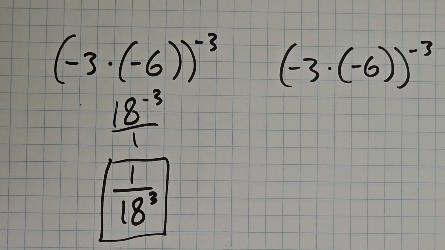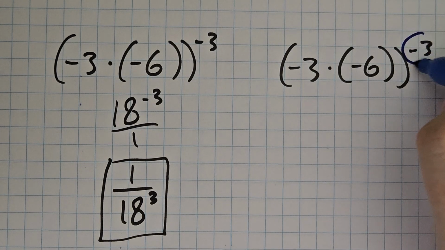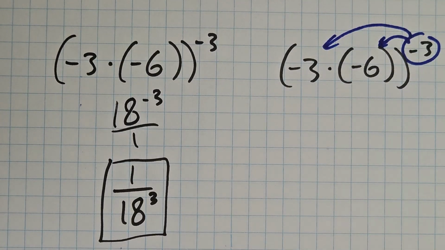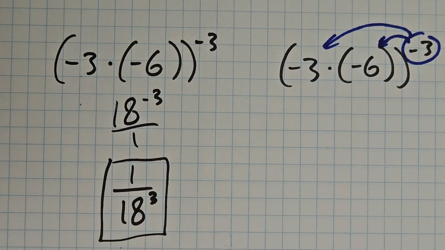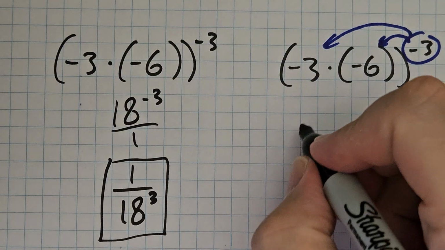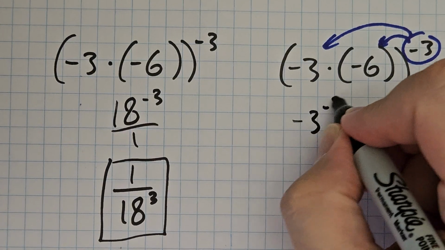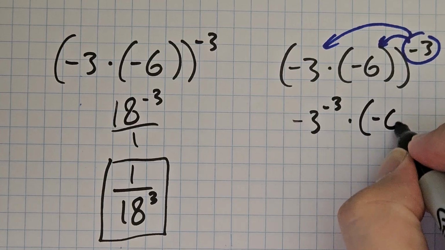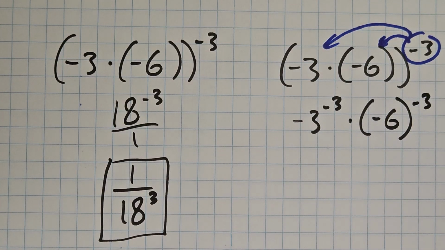And that is I can distribute. I'm using the word distribute loosely here, but I can distribute the exponent that's outside of the parentheses to each factor that is inside the parentheses. So this becomes negative 3 to the negative third power times negative 6 to the negative third power.